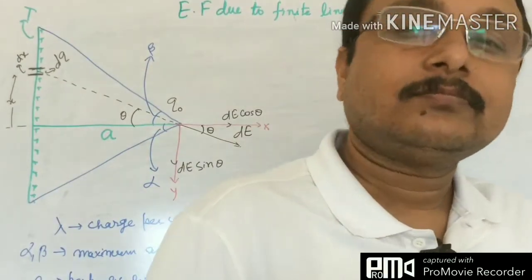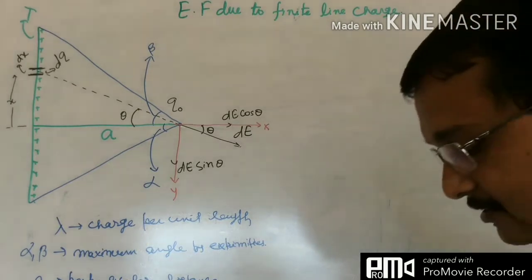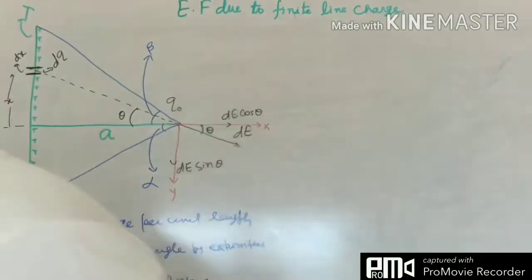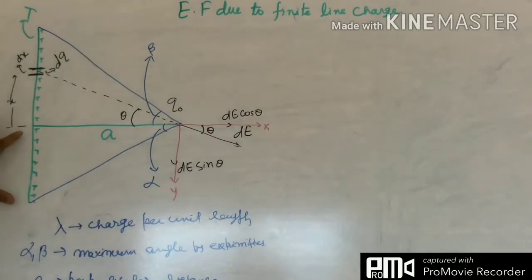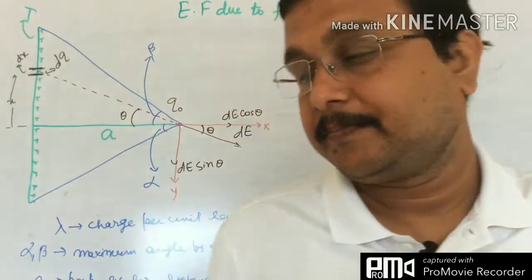So when we write, dE has two components, dE cos theta and dE sin theta. And see, this particular length is not equal to this particular length, because we are not talking about the perpendicular bisector here.